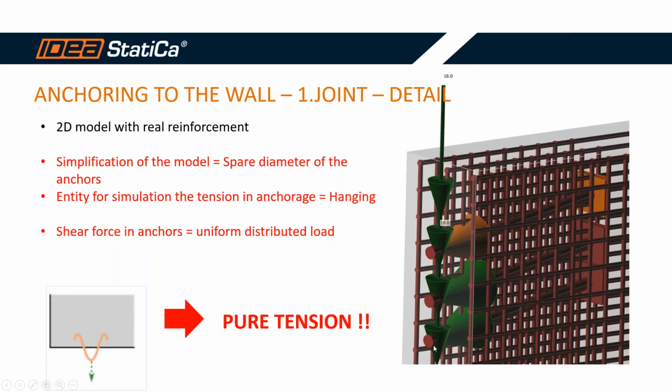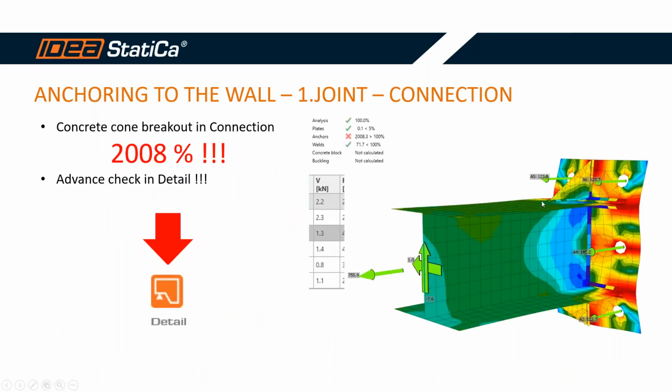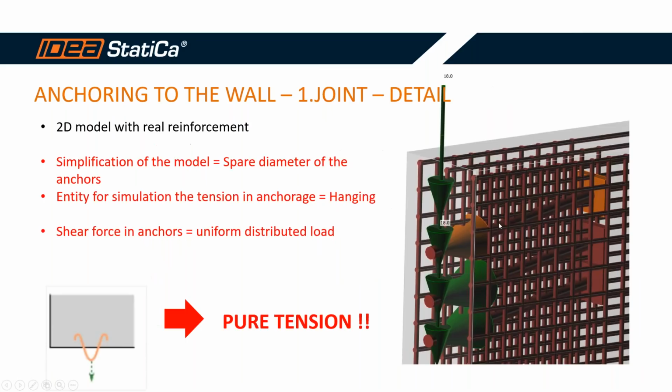In the application Connection, you have 6 anchors, but as I mentioned, we are working with the 2D model in the application Detail. We will have only three anchors with the equivalent diameter of all 6 anchors, right?